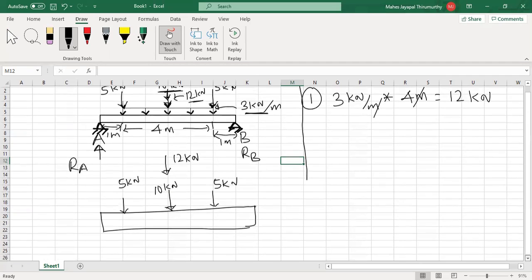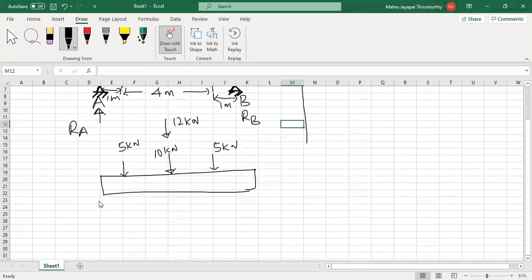So now I have to find the reaction forces A and B. Here it is RA, and this one is RB.